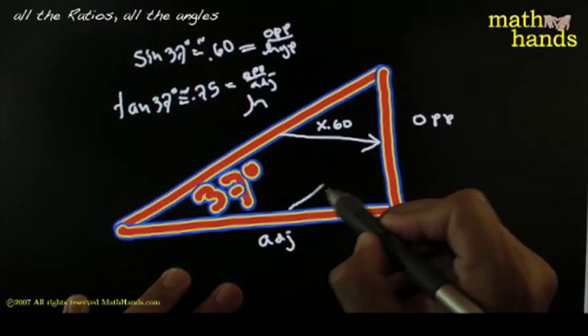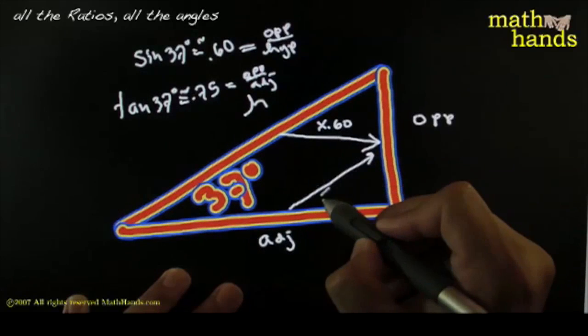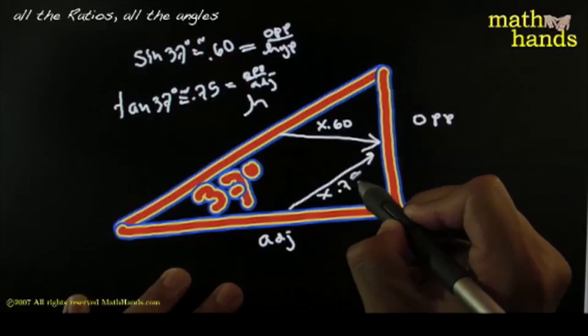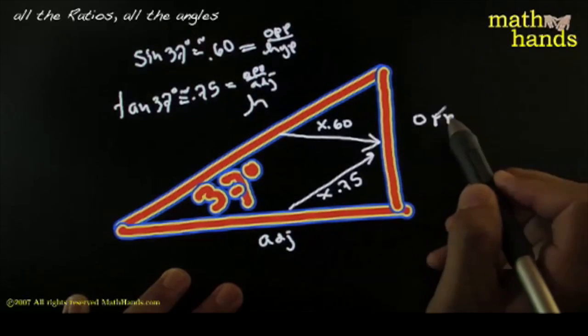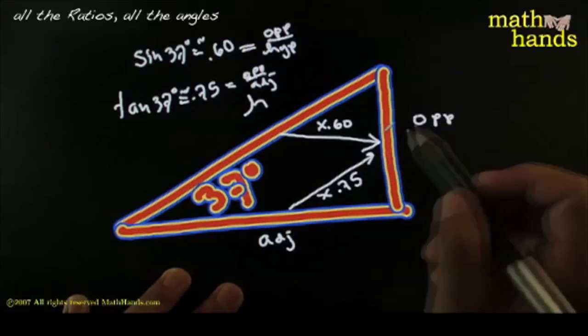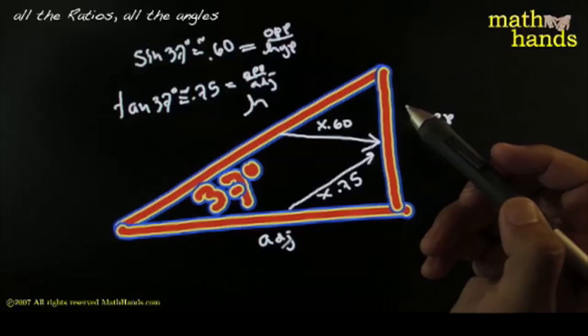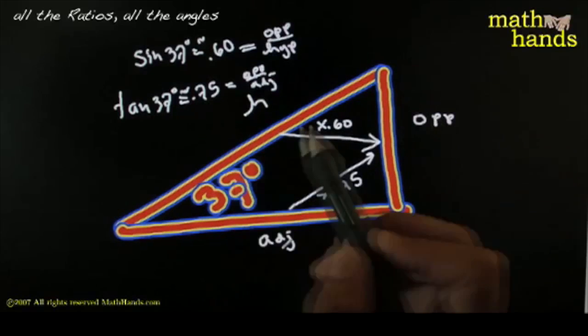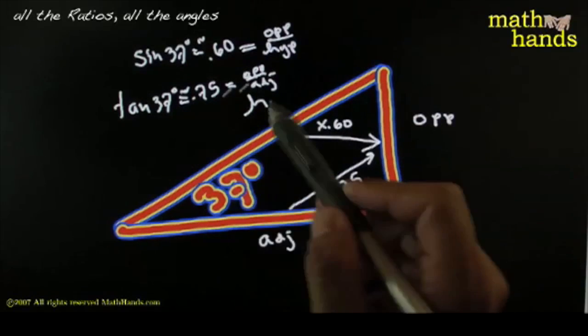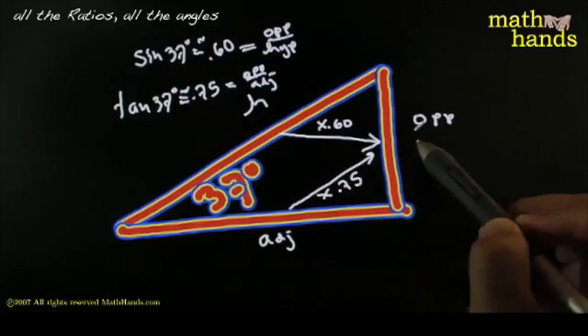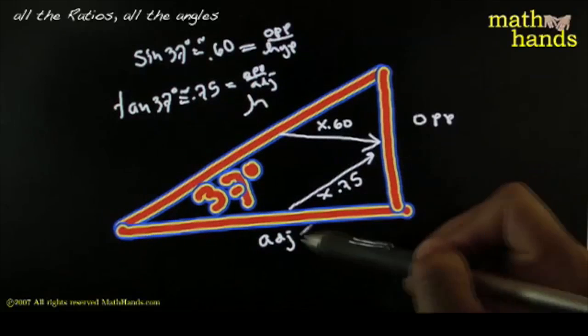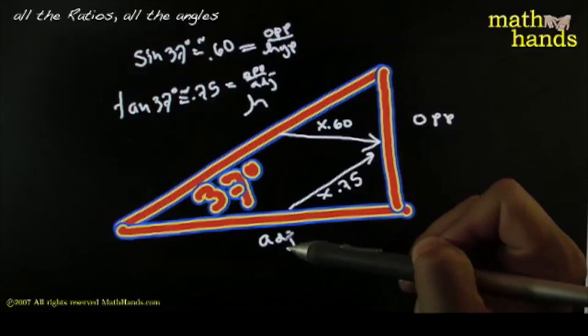If you wanted to go that way, from adjacent to opposite, you would multiply by 75%. The opposite is 75% of the adjacent. Of course, if you wanted to go backwards, you would divide by 0.75. So for example, you could plug in any numbers there. You multiply by 60% to go this way, you would divide by 75%, and you get the adjacent.